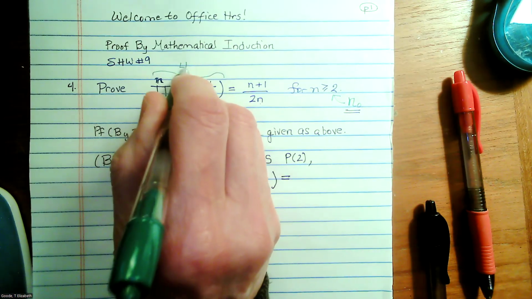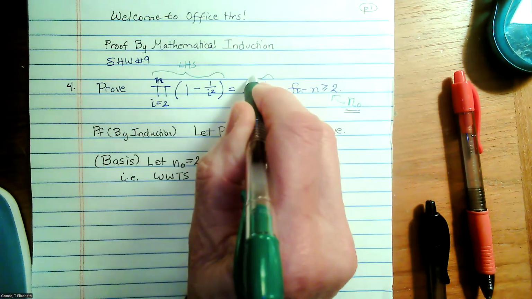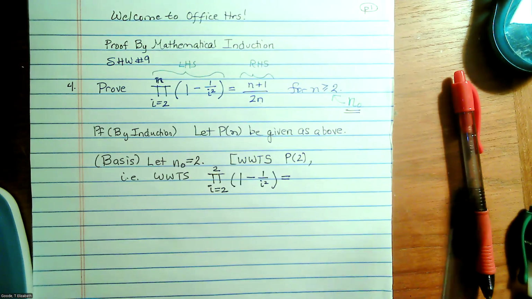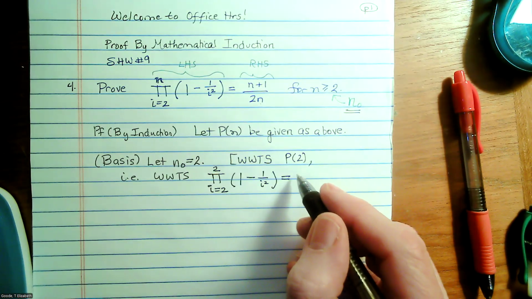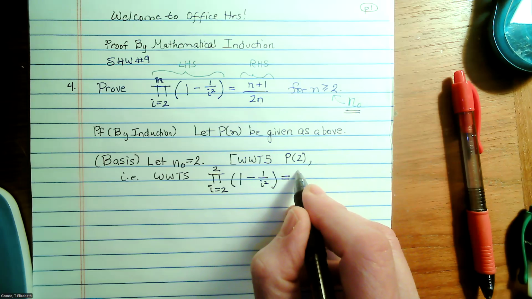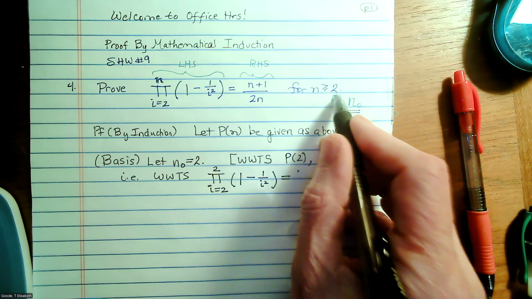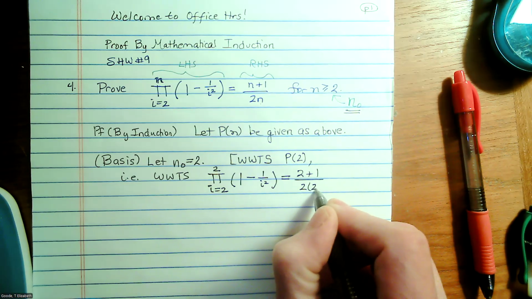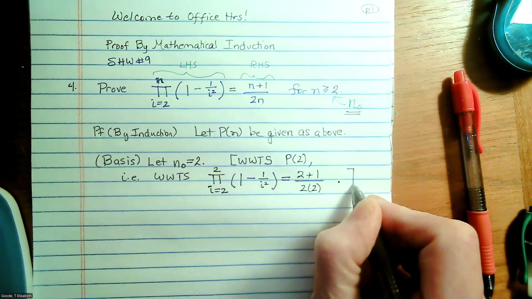Remember, we've got a left-hand side and a right-hand side, and we have to prove that the outcome is the same on both. So what would the right-hand side of P of 2 look like? n plus 1 over 2n. But n is going to be this value, so 2 plus 1 over 2 times 2. So that's our wish.